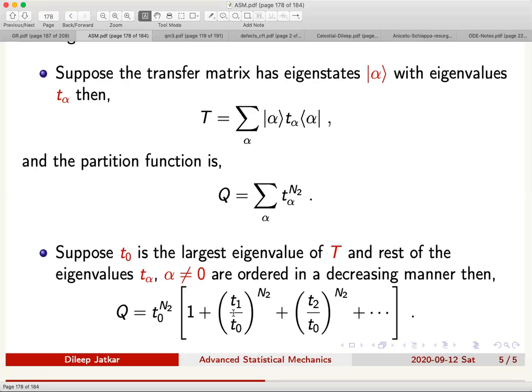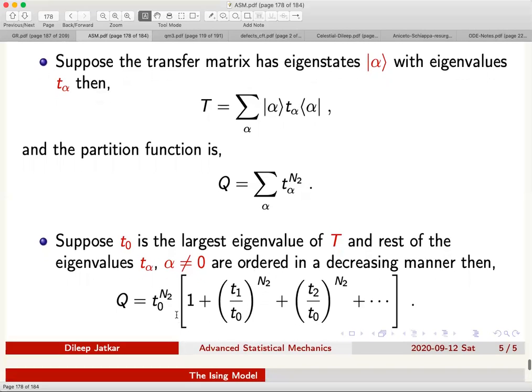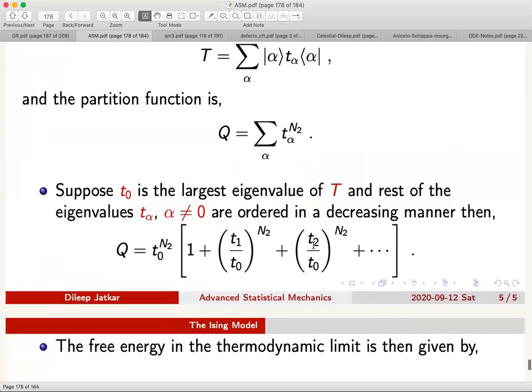So all lower eigenvalues of the transfer matrix, or all excited states of the Hamiltonian, have an exponentially subleading contribution to the partition function when you are taking the thermodynamic limit. Therefore it suffices to concentrate on the behavior of the ground state of the Hamiltonian, or the behavior of the largest eigenvalue of the transfer matrix, which are both the same thing actually.